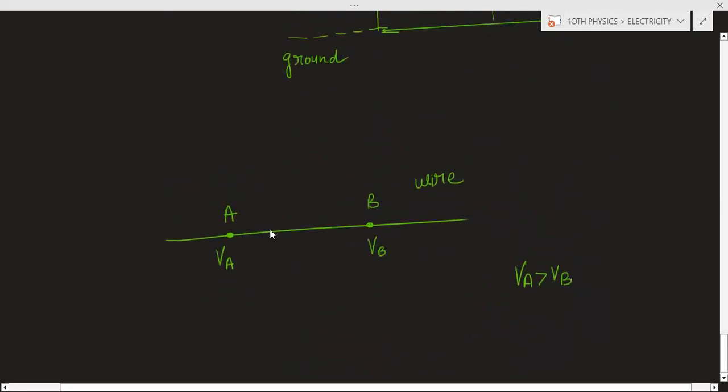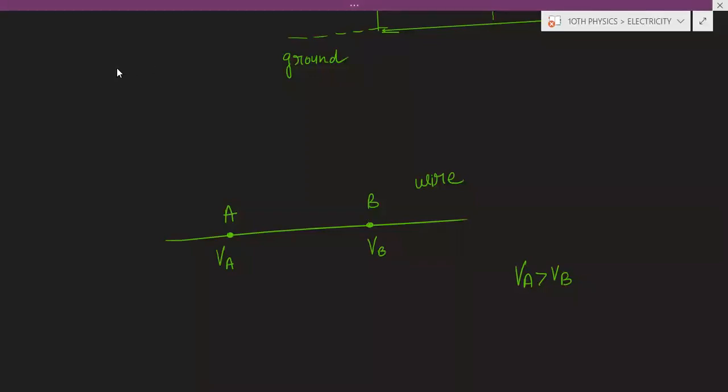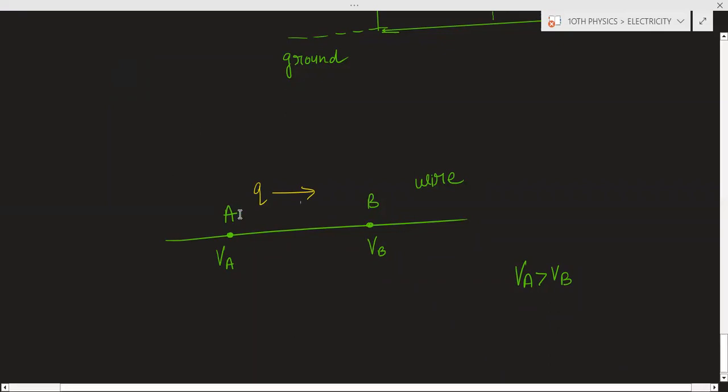In the same way, charge always flows from higher potential to lower potential. So the flow of charge will be in this direction.